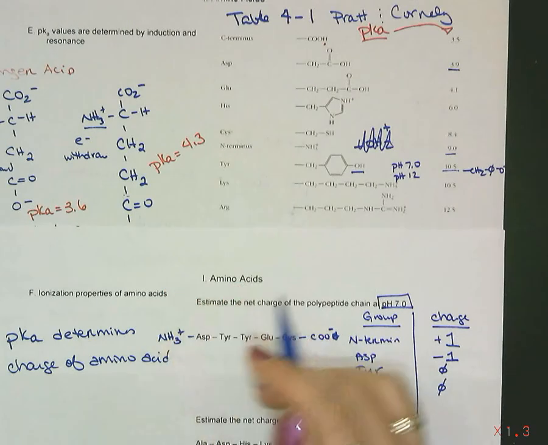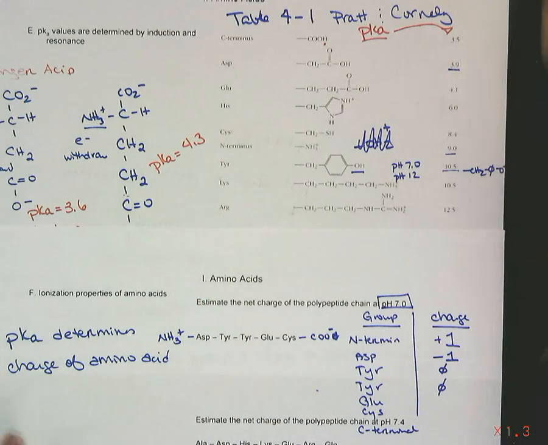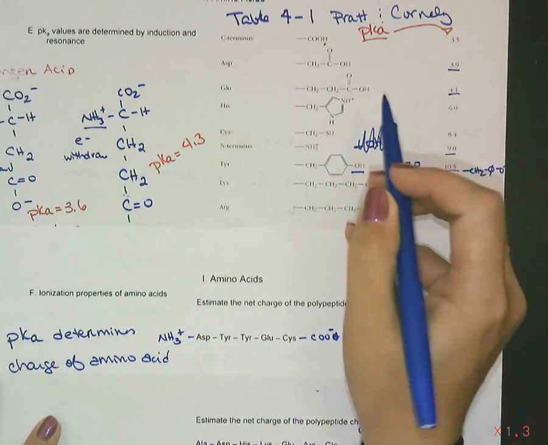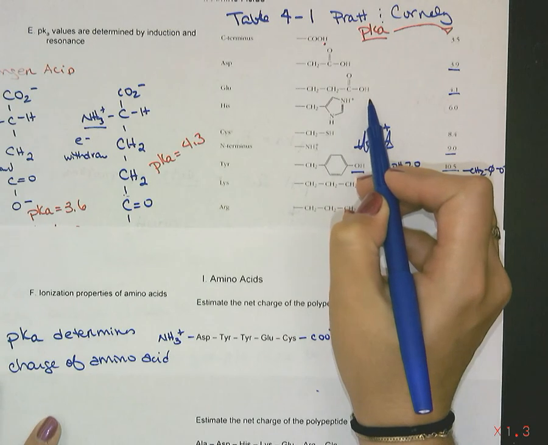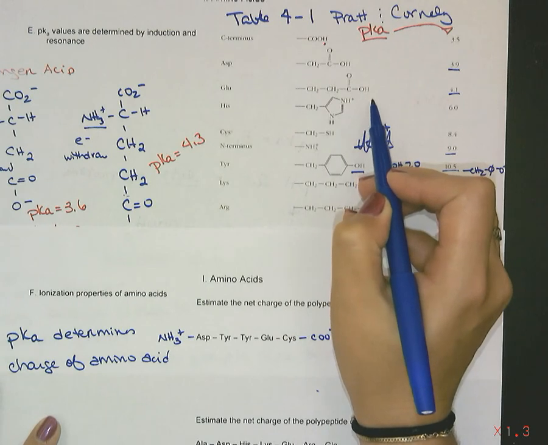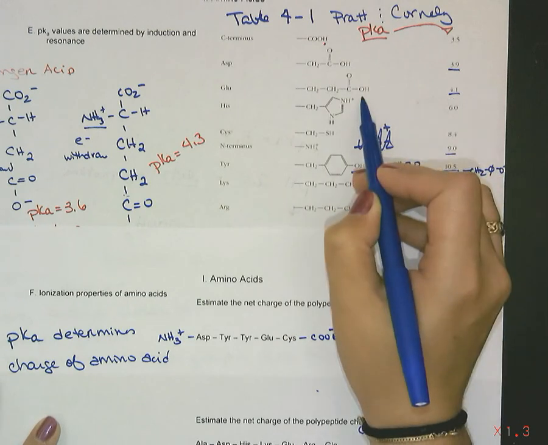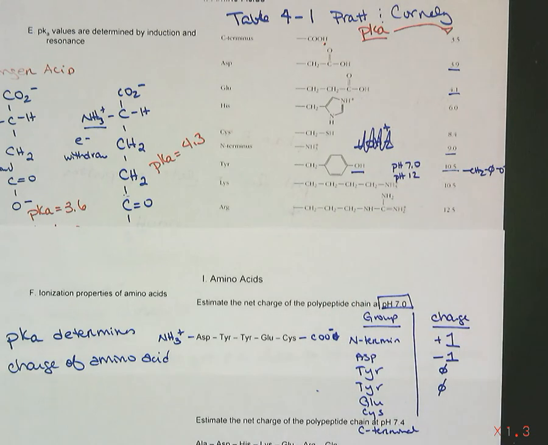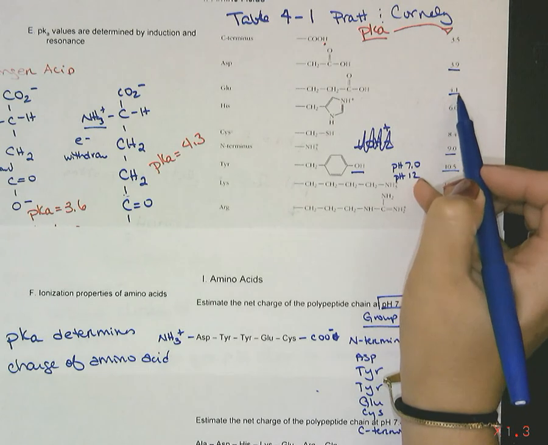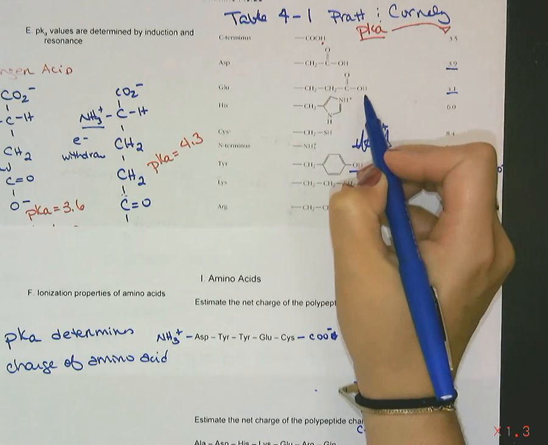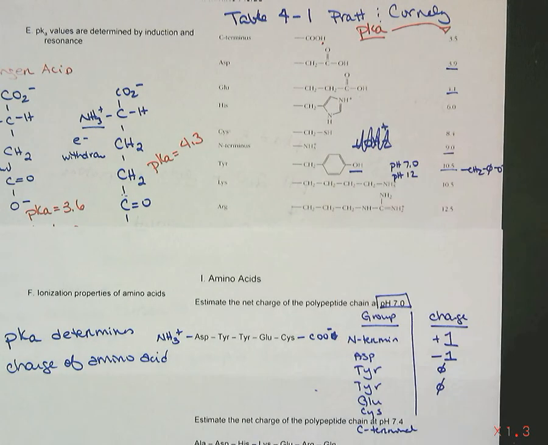All right, so I just had this. Where is it? GLU. So if it has a pKa of 4, if I am above 4, which means I'm deprotonated. Deprotonated makes this -1.